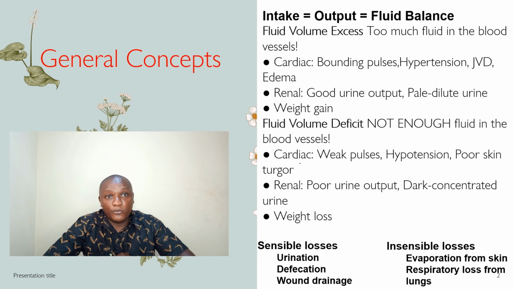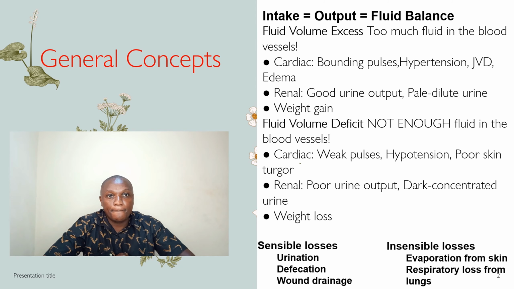When there's a fluid deficit, there's not enough fluid in the blood vessels. Here we can have weak pulses, hypotension, poor skin turgor, and in the renal system there is a poor urinary output, dark concentrated urine, and weight loss. When you're covering imbalances, you have to look at the sensible losses.